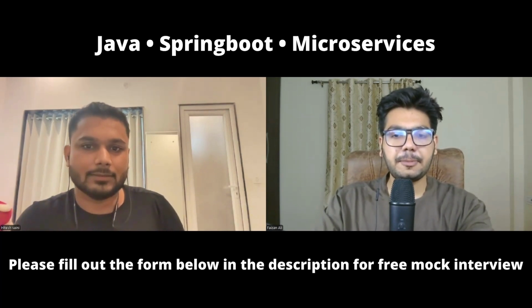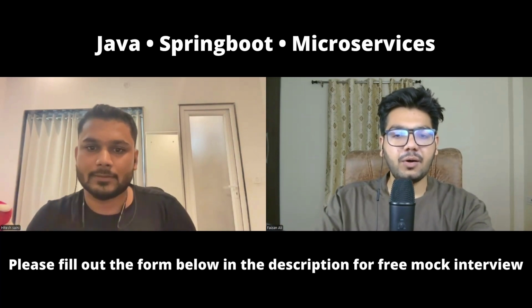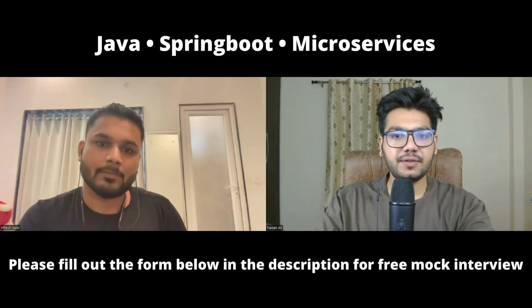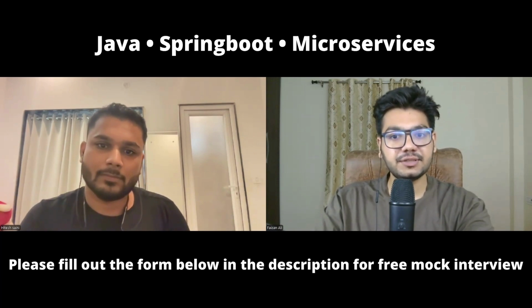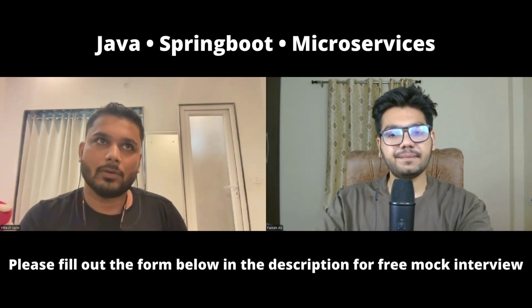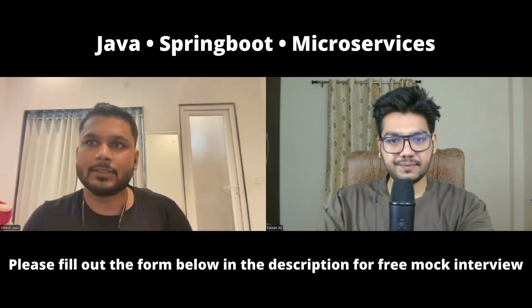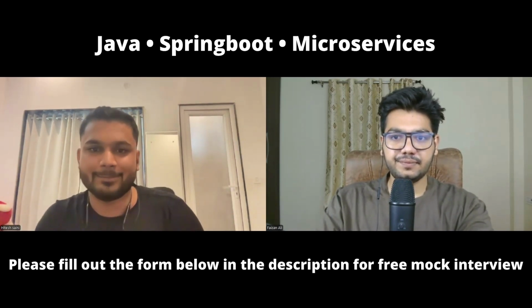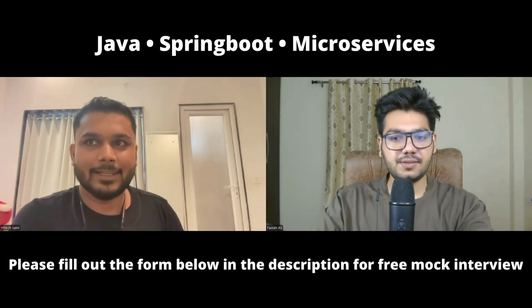Moving ahead, how would you implement a notification system where an event in one part of the application needs to update users in real time? Okay, a notification. You want to update them in almost real time, right? Yes.